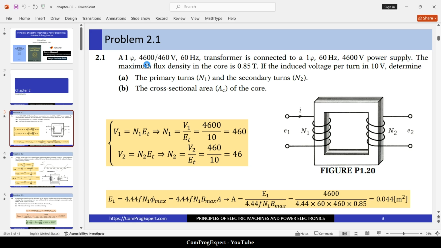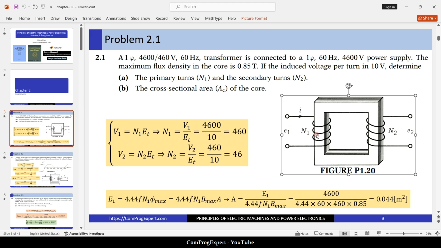The maximum flux density in the core is 0.85 Tesla. If the induced voltage per turn is 10 volt, determine A, the primary turns N1 and the secondary turns N2, B, the cross-sectional area of the core.